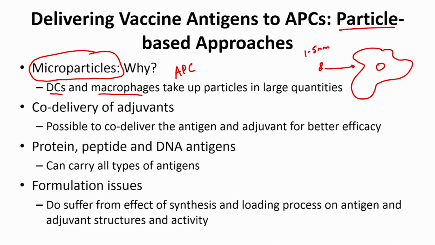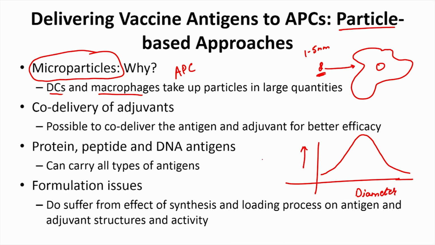The other problem is that the uptake of these small particles or small proteins into the APCs follows a trend. So, if I plot this, what do I find is, so let us say this is the size or diameter, and on the y axis let us say it is uptake efficiency.